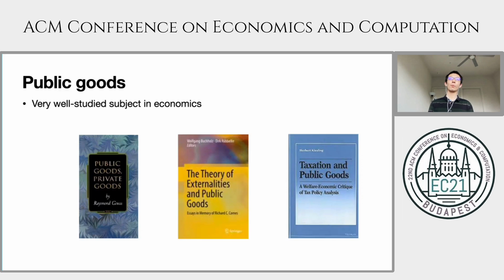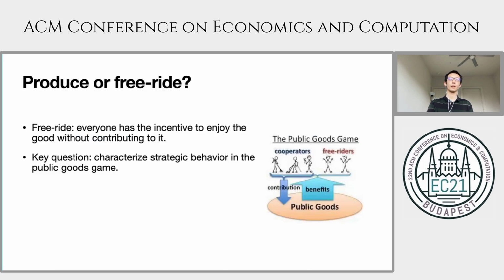Public goods are very well-studied economic topics. There is a well-developed theory about it, and there are many economic textbooks on the topic of public goods. A central question in public goods theory is to characterize the strategic behavior of the agents. In general, each agent has the choice between producing the good and free riding.